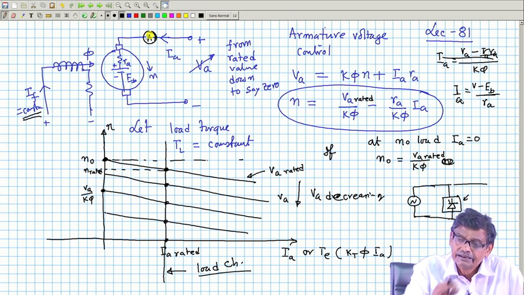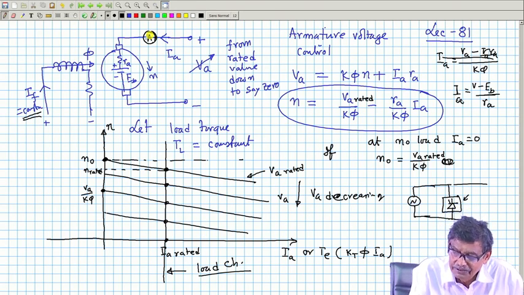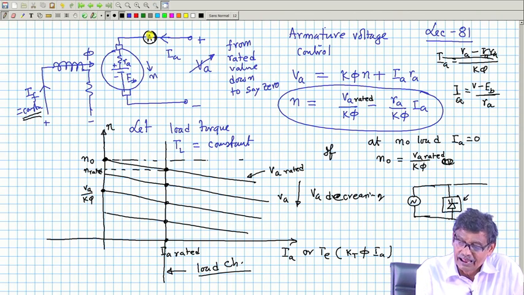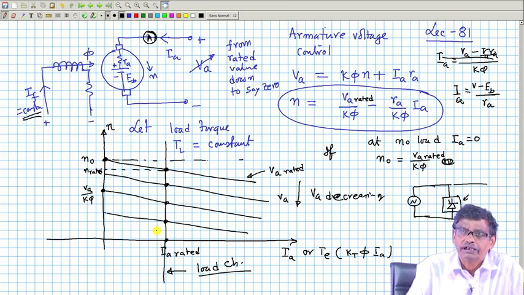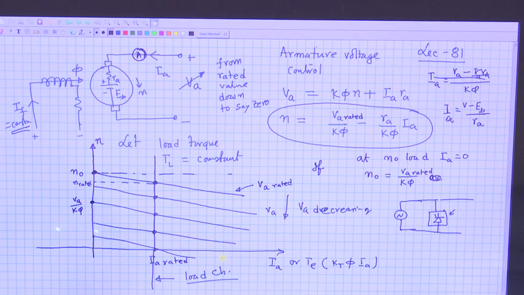So, rated current, machine is fully loaded, but still you are supplying a constant load torque at various RPM down to 0 speed even, is it not? You can select a characteristic like that. Therefore, armature voltage control method is a very efficient method and smooth variation of speed you can get.